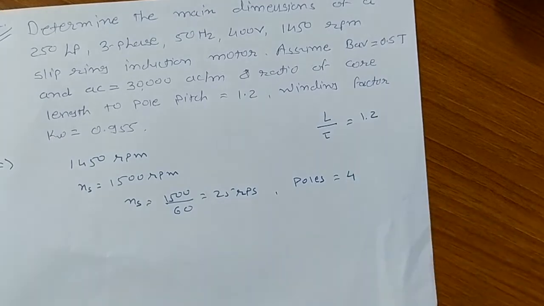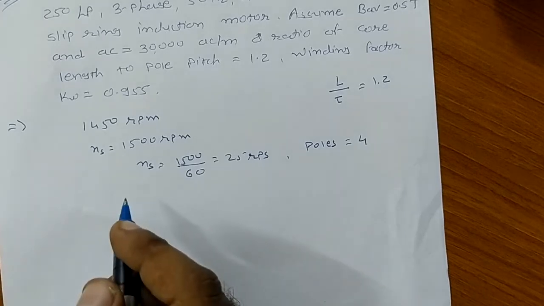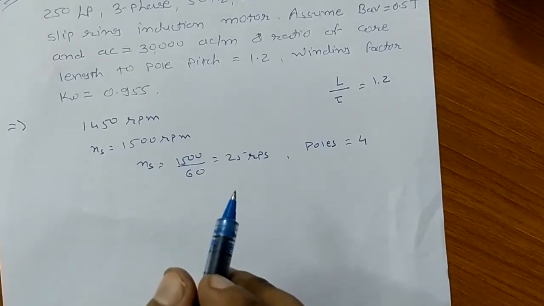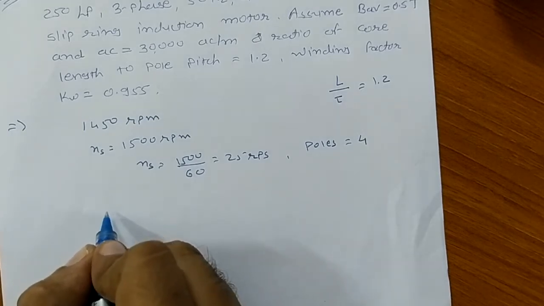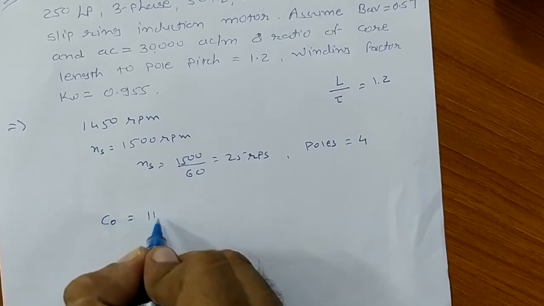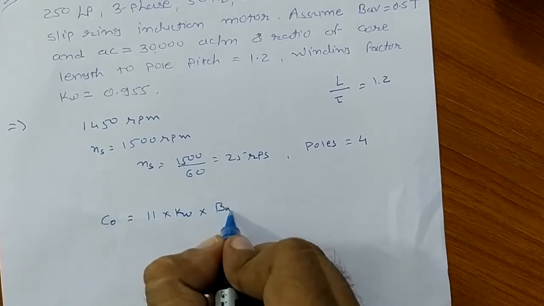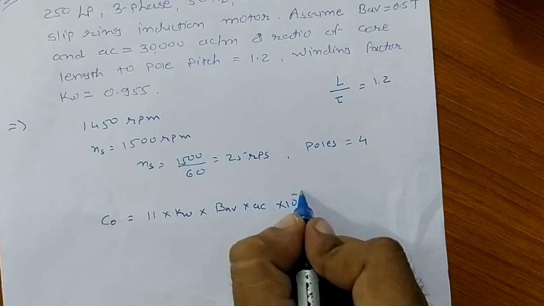Now the value of output coefficient. Our next step is to go for a value of output coefficient, because all the data are given for calculation of output coefficient. So what is the equation? C0 is equal to 11 into Kw, that is winding factor, into B average into AC into 10 raised to minus 3.